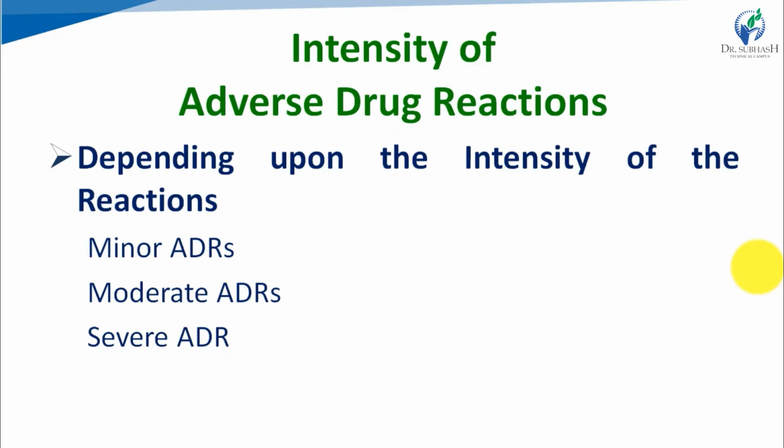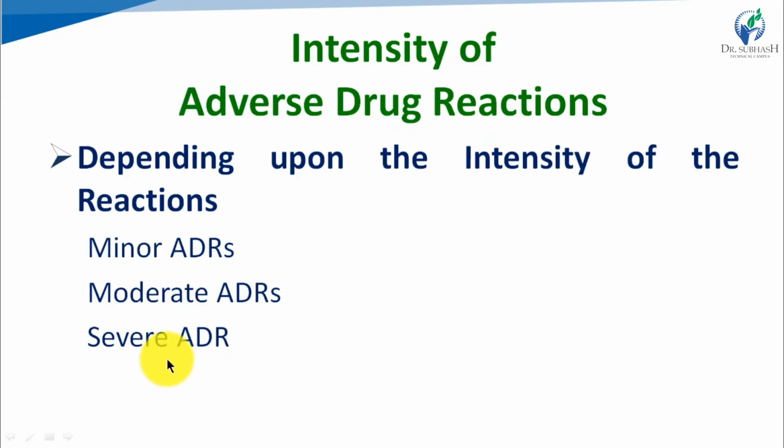Then the third one, that is the severe ADR. Severe ADRs are potentially life-threatening reactions, and they can also cause permanent damage to an organ. In such a condition, intensive medical treatment is required.